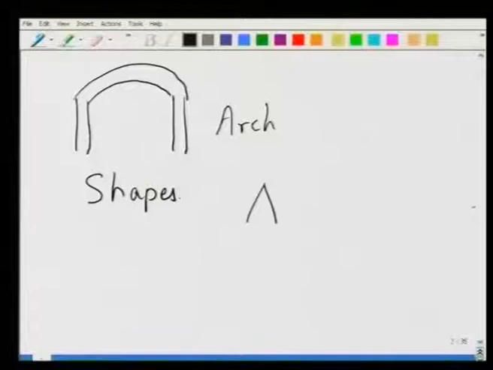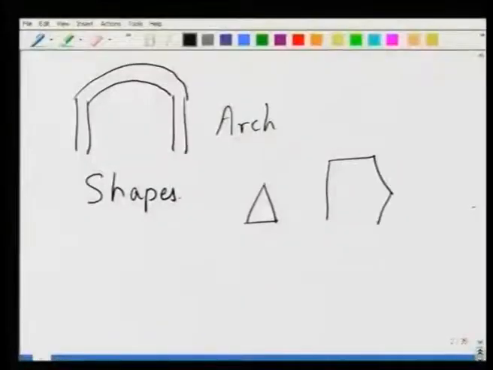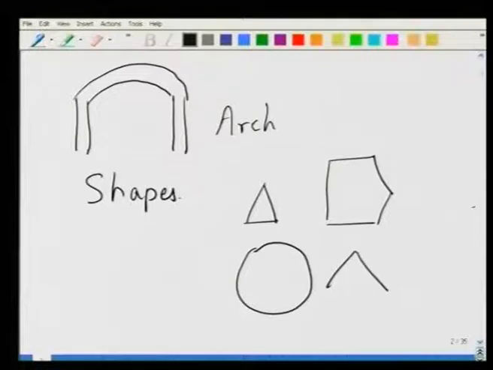Now, suppose I make a collection of shapes on the screen over here, then one can ask a few questions. Let us see, I will make one shape over here, I make another shape over here, yet another shape, and another shape, and finally let me make this.